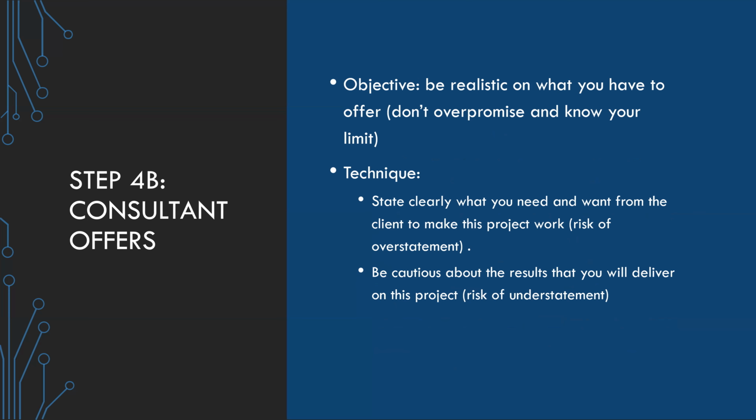Oftentimes, the objective is for them to understand what would be the deliverables of these outcomes. And what you really want to do is to be realistic, right? That really means don't overpromise and know your limits. This is important for this class, especially given that you only have 10 to 12 weeks to work on this project.